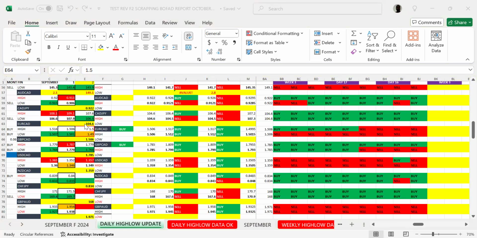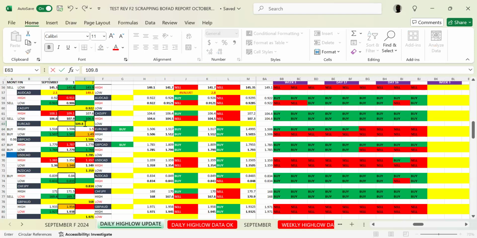And now the current price is 109.8. So you can see that at 109.8, we are ready for a sell. The market will adjust itself now, and we expect the market to sell all the way down.